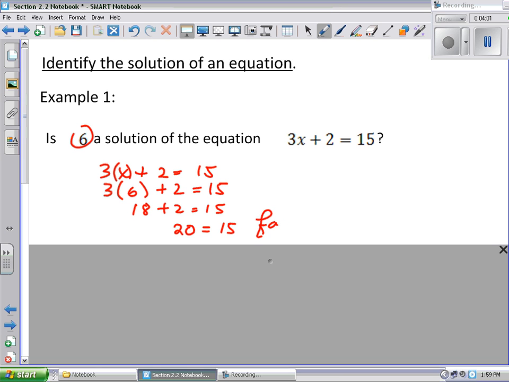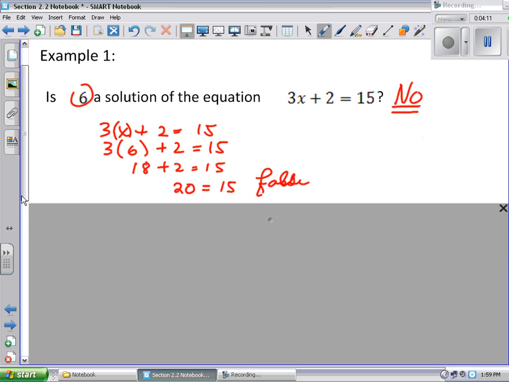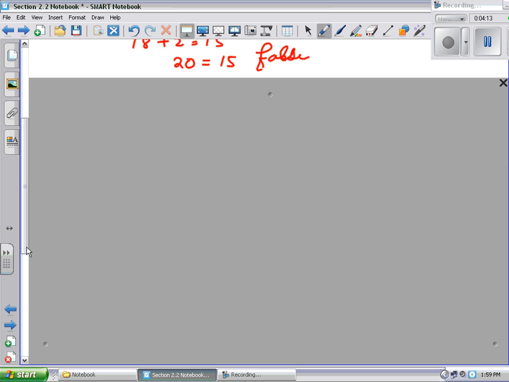This is a false statement. Whenever I have a false statement, I'll respond to my question with a no. 6 is not a solution to that equation.